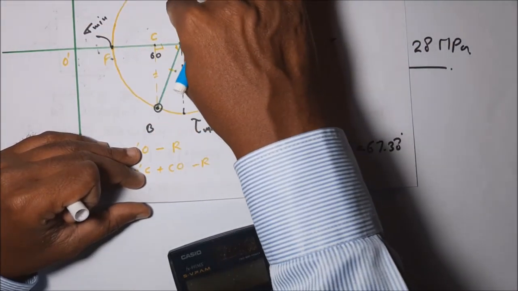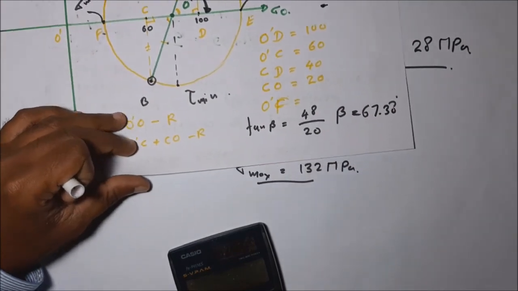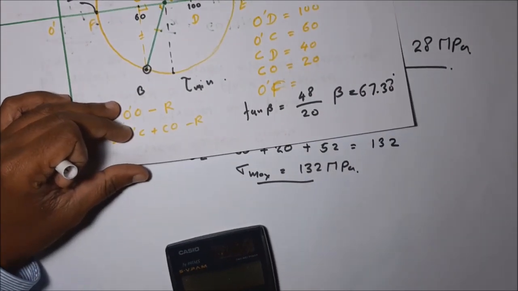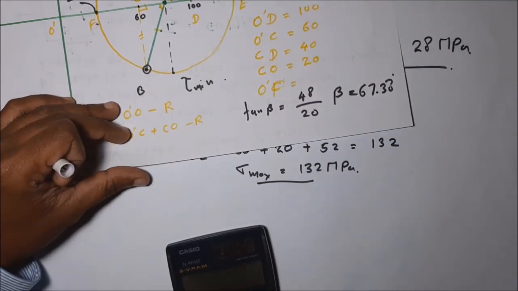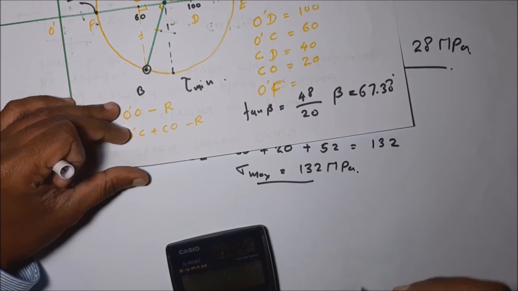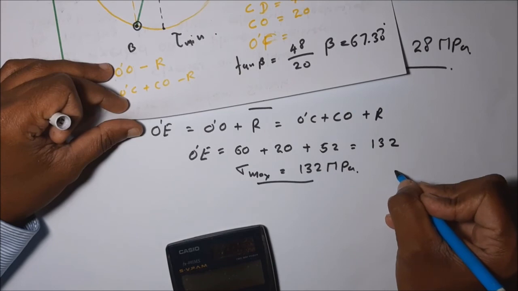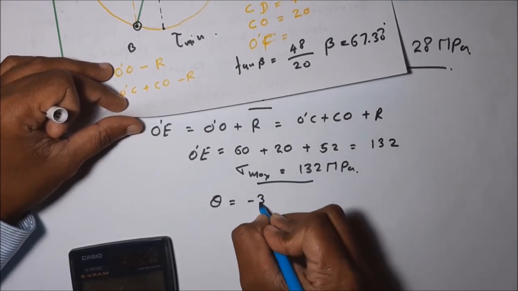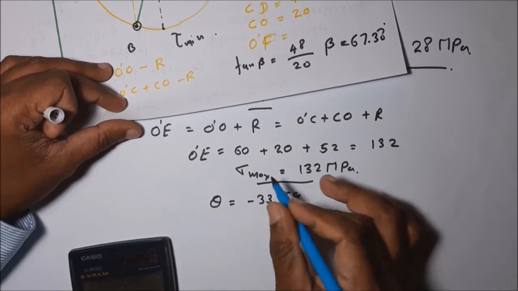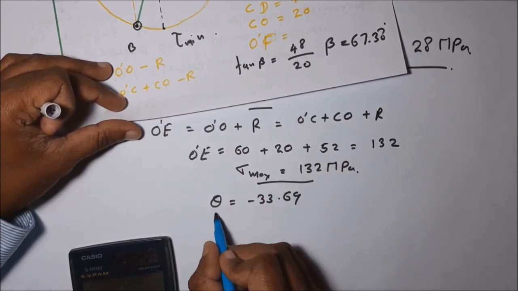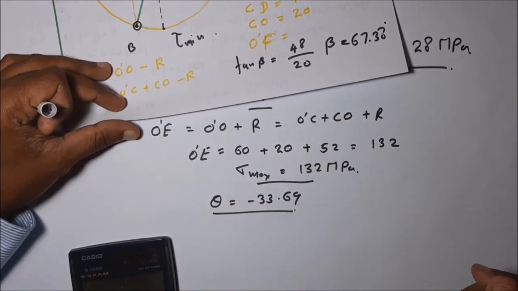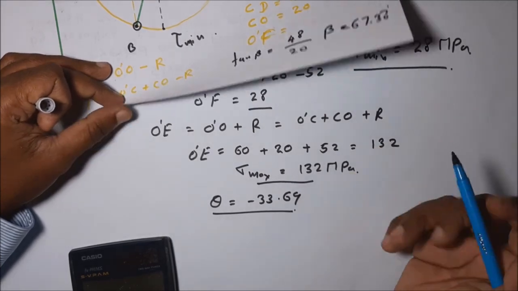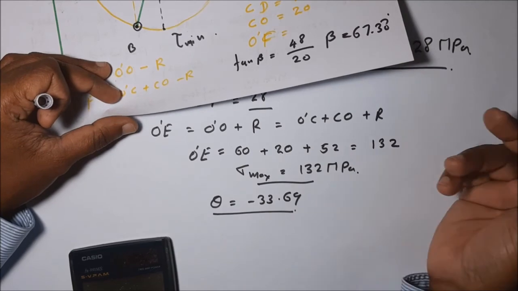Then the angle is measured in a clockwise direction, that means negative angle. 67.38 divided by 2, that means theta is equal to minus 33.69. The sigma is maximized. This is the maximum stress plane. Okay. Then at an angle 90 degree, we can directly say sigma is minimum.